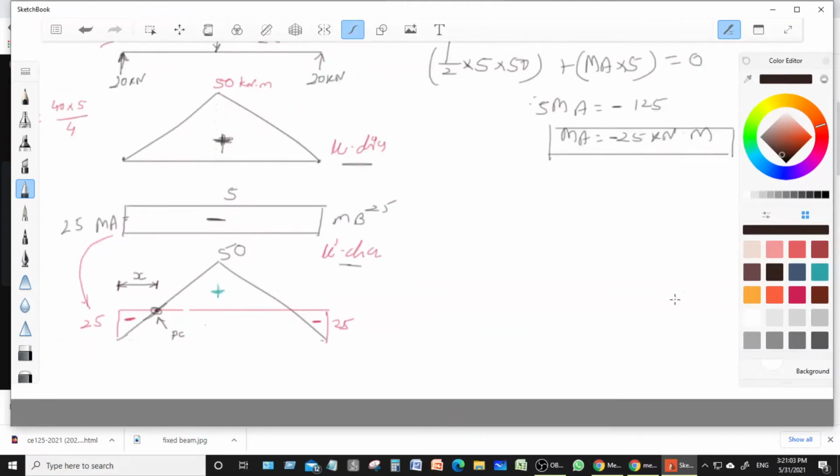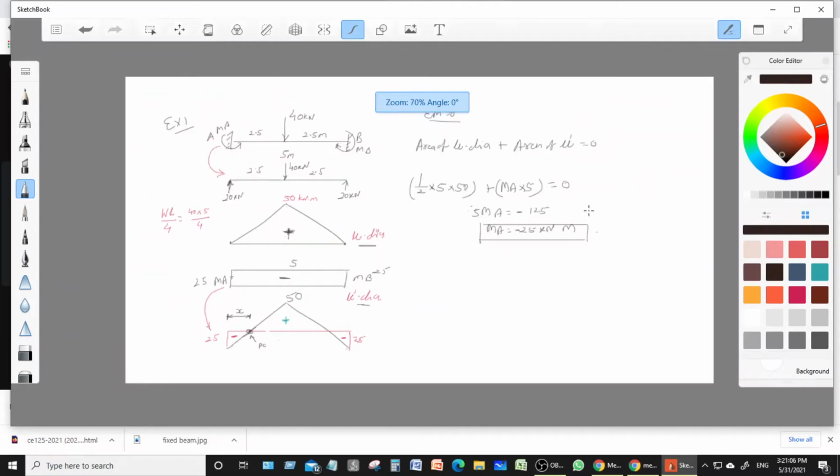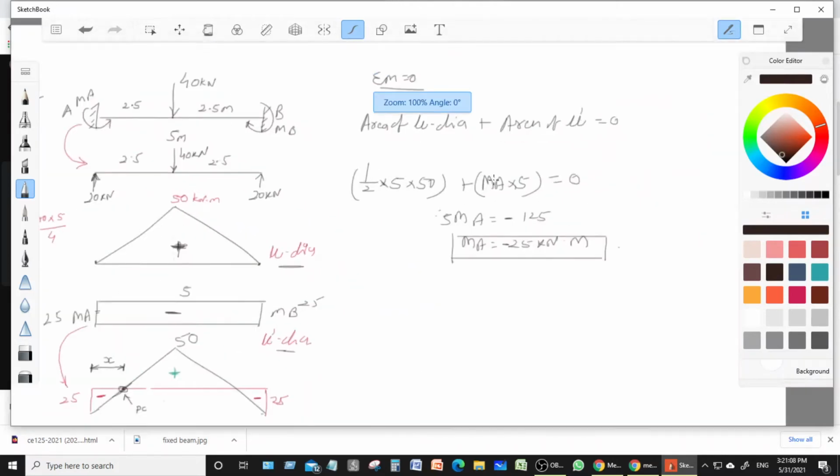Let me consider this point of contraflexure is somewhere here.